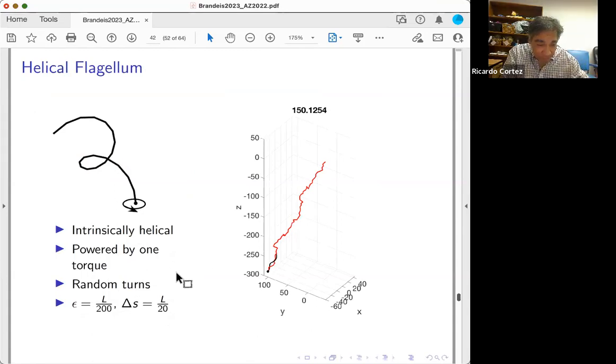The take-home message is that with these segments, I can use a very tiny epsilon, which is now on the order of the flagellum radius, and the points in the discretization of my organism don't have to be connected to that.